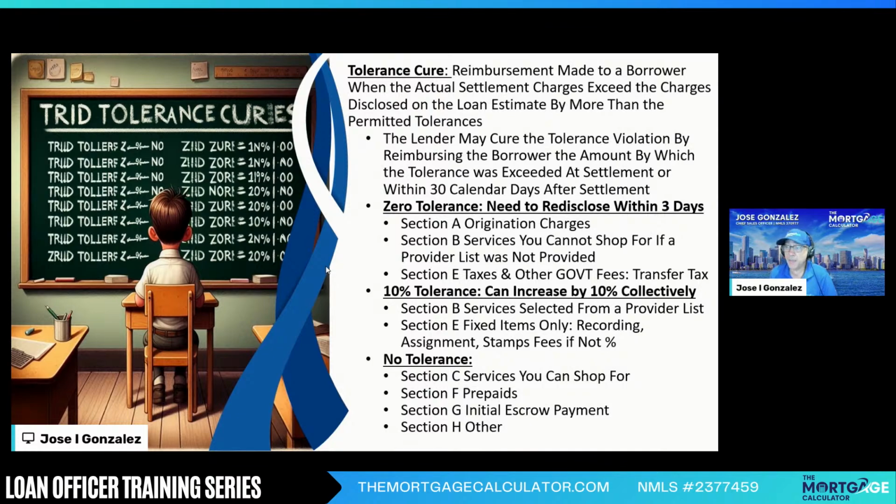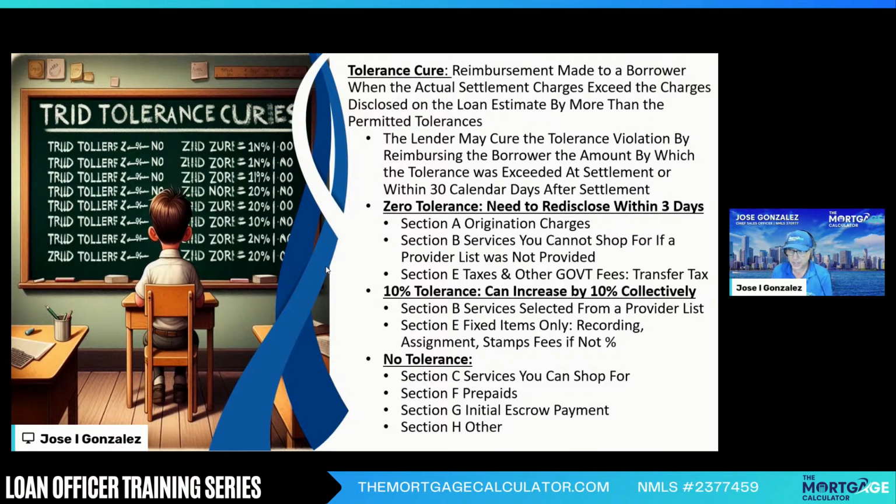On the 10% tolerance category, these are items that can increase collectively by 10% as a whole. All the items in that category, adding up any of the differences, if it's 10% or under collectively, you're not going to have a tolerance cure when you redisclose the amount. These would be Section B charges, which are the services you cannot shop for if a provider list was provided to the borrower.